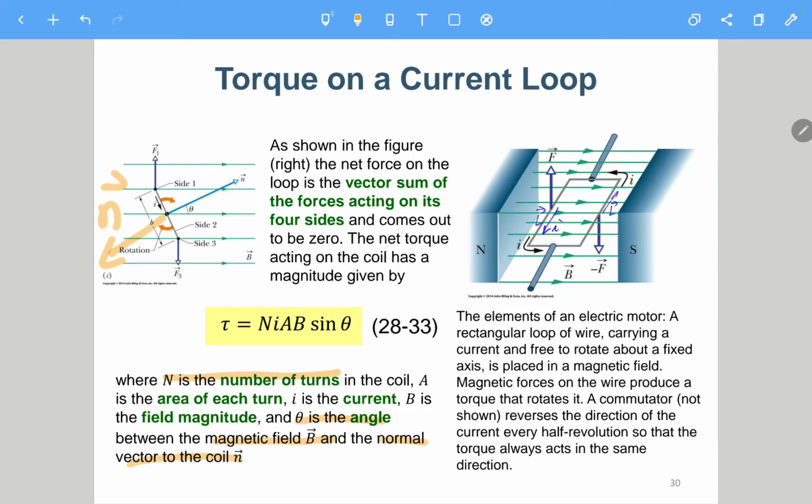So you use the right-hand rule to determine the direction of the normal vector. And this normal vector has the same direction as the torque. You can also use the right-hand rule to determine the direction of the torque, because torque is also a vector.